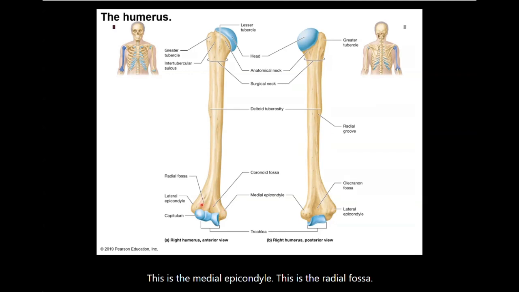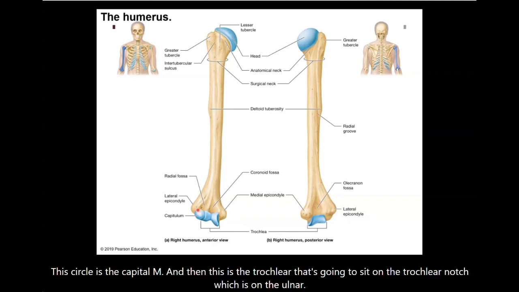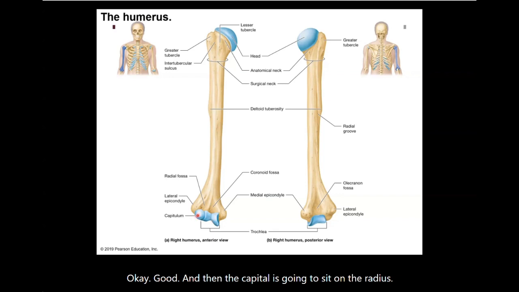This is the radial fossa, coronoid fossa, medial epicondyle, lateral epicondyle, olecranon fossa. This circle is the capitulum, and this is the trochlea that's going to sit on the trochlear notch, which is on the ulna. Okay, good. And the capitulum is going to sit on the radius.